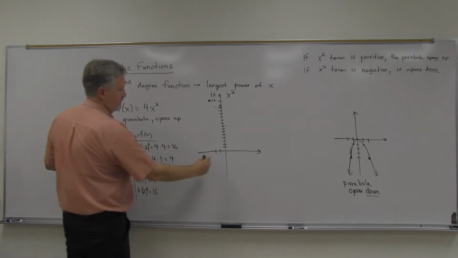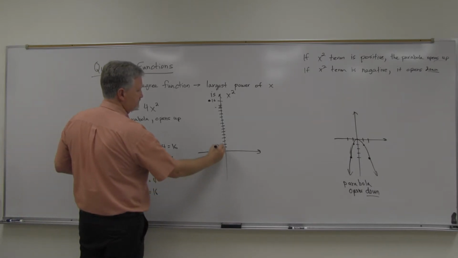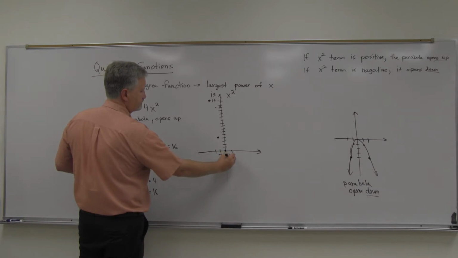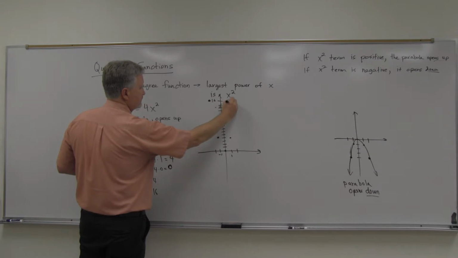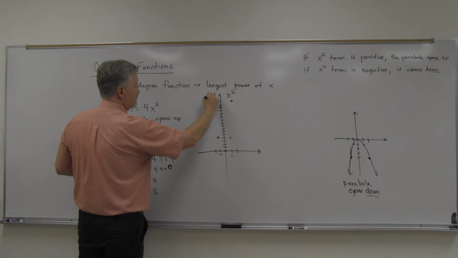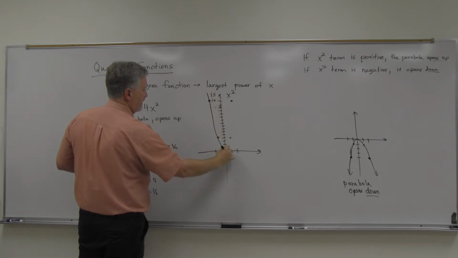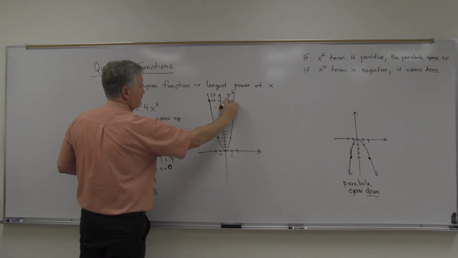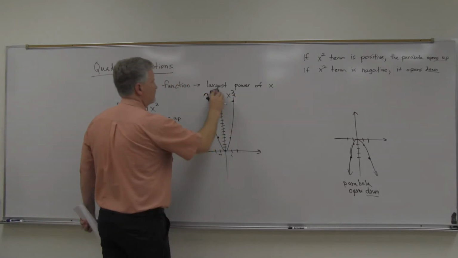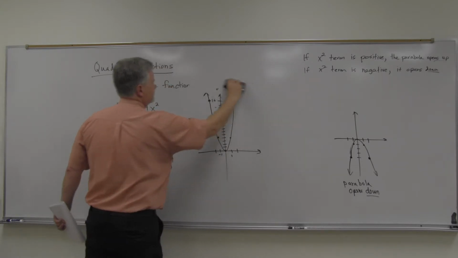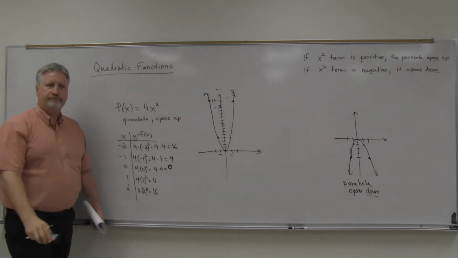At -1, I'm at 4. 0 is still 0. 1, I'm at 4. And 2, I'm at 16. This is my graph.